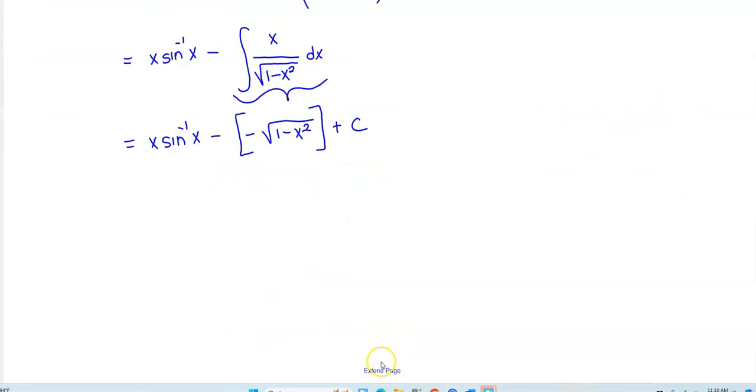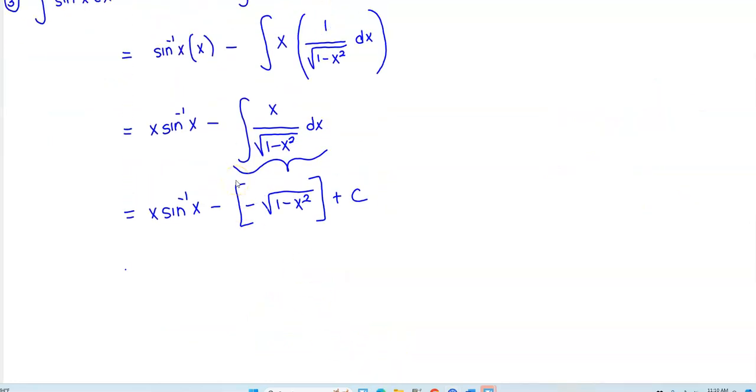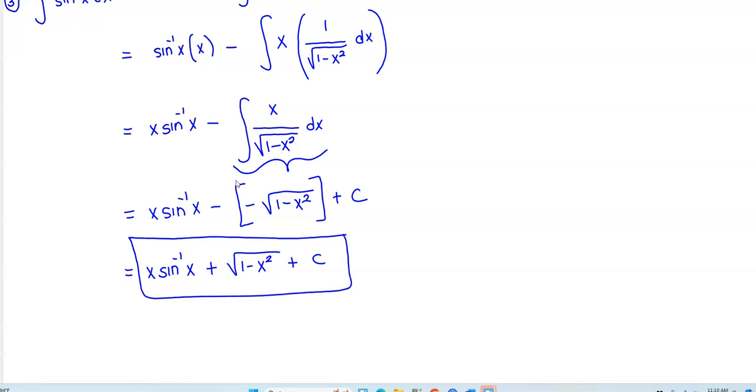And so if we distribute that sign, we get x times the sine inverse of x plus the square root of 1 minus x squared plus c, and therefore there is our result.